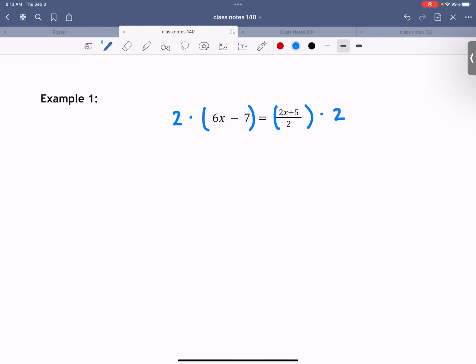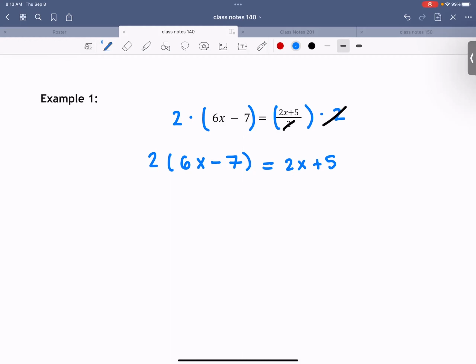Okay, so on the left-hand side, I'm going to have 2 times (6x minus 7) equals, and it looks like the 2's will cancel out, right? Numerator, denominator cancel out. And we're left with 2x plus 5 in the numerator. Okay. What should be my next step now?